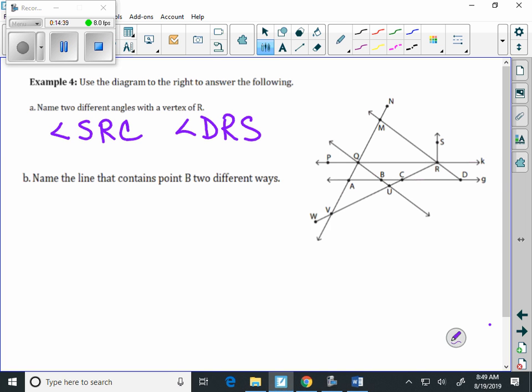Letter B. Name the line that contains point B in 2 different ways. Well, find point B on here, and then we're going to indicate our line. Well, one of them we can say is QB. Don't forget to put an arrow on both ends when we indicate a line.